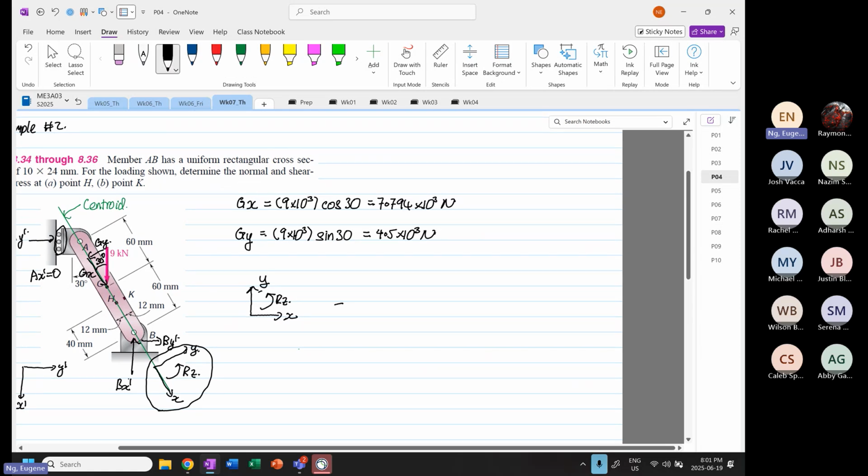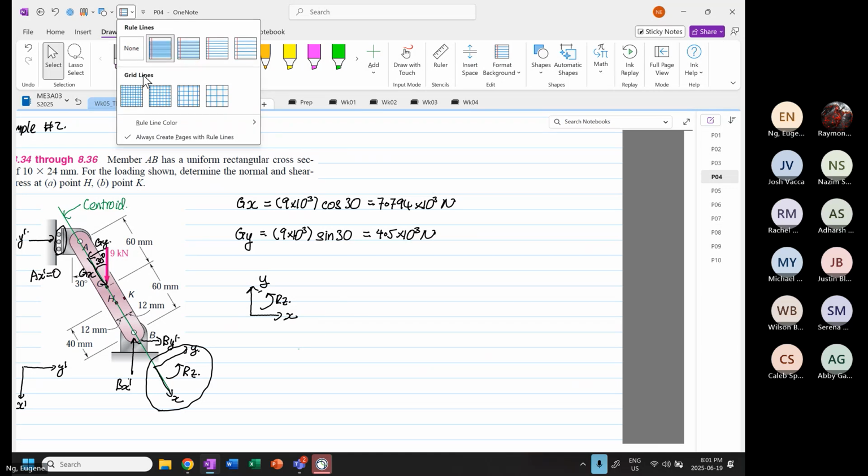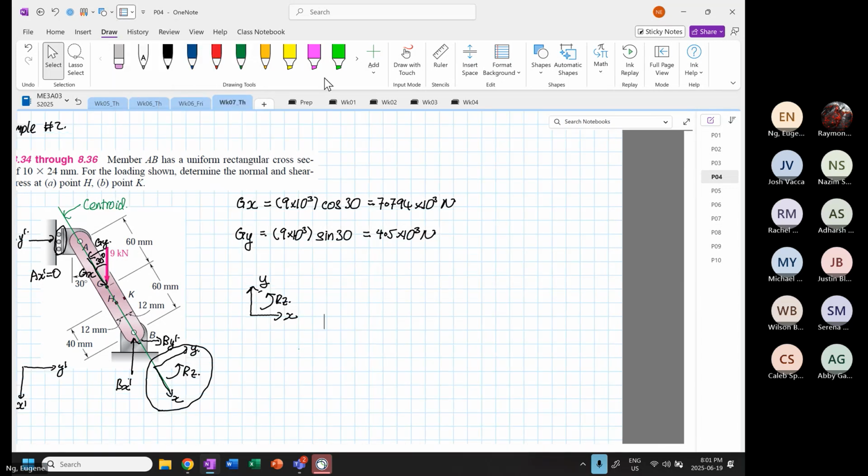I'm going to sketch a structure horizontally. I'm not going to draw the edges, I'm just going to draw straight lines. So now this looks like this.